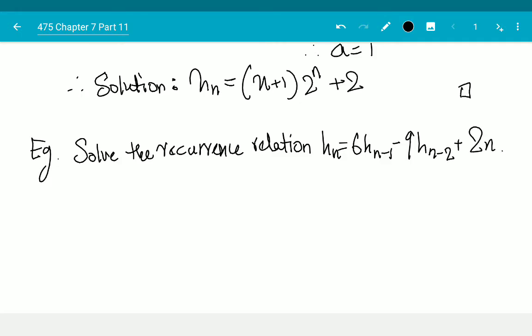So this time my c is not a constant, it is 2n, right?